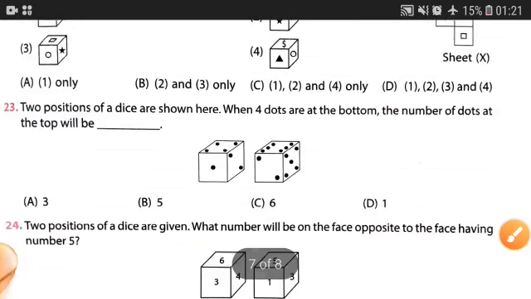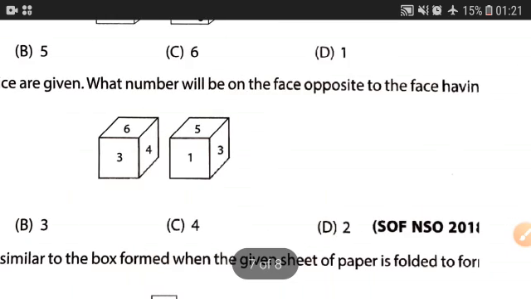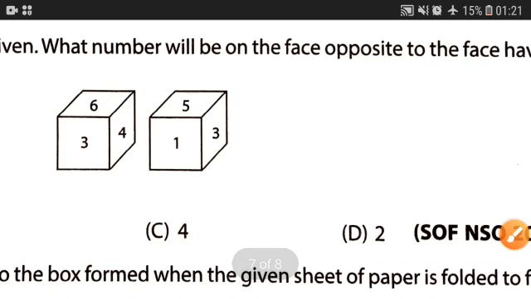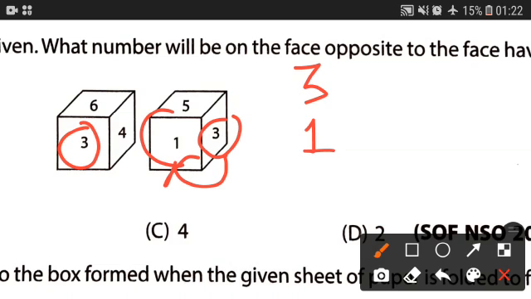Now moving further to question number 24. We have to find out the opposite face of 5. Same thing, what we have to do? We have to take the common face, that is 3 here. 3, then move clockwise one by one. 3, then 1, then 1.